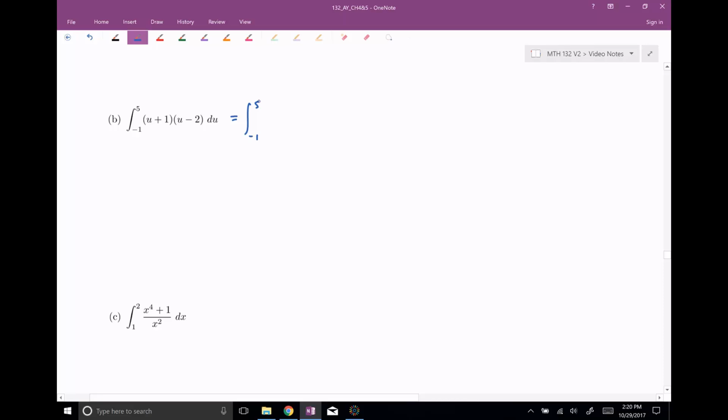So again, from -1 to 5, I'm going to FOIL this out. Firsts, inners would be u, outers would be -2u, lasts would be -2. And so this can be simplified down to the integral from -1 to 5 of u squared minus u minus 2 du.